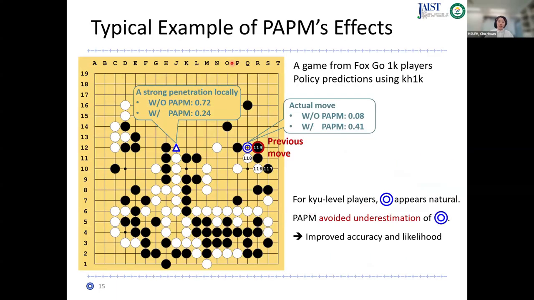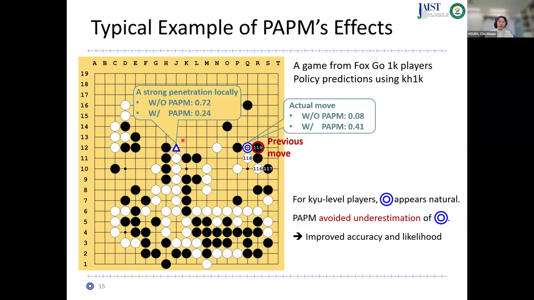And here shows a typical example why PAPM worked so well. This is a game from 1K players, predicted using KH1K. The black just played here, and in the actual game, the human played at this white circle. But the KH1K only gave it a 0.08 probability.